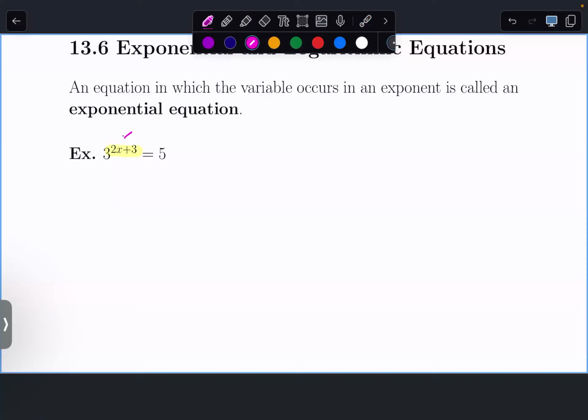The only way to solve for x in the power is to use logs.